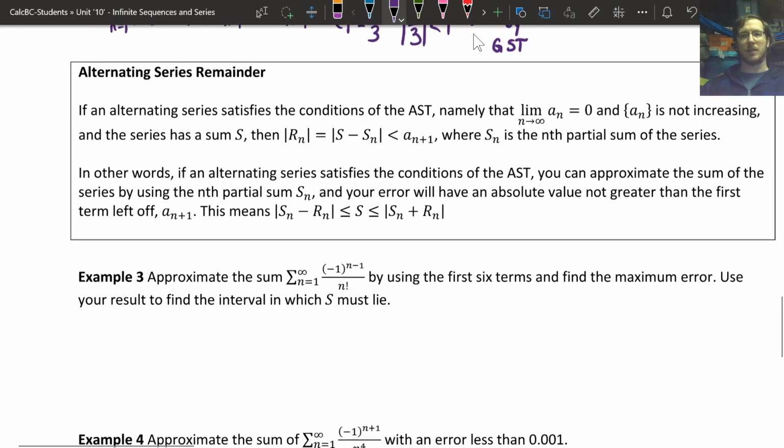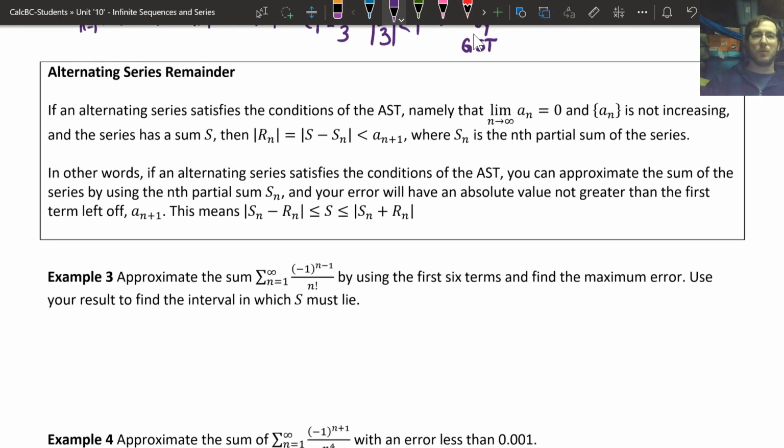This is a great topic that ties into some of the things we're going to do with the rest of this unit. It says alternating series remainder.